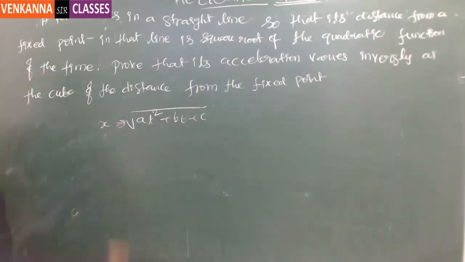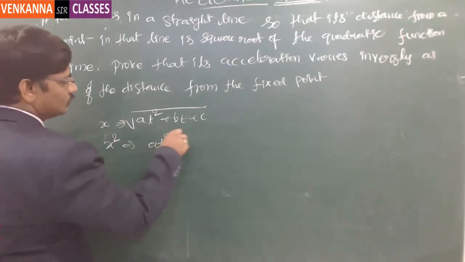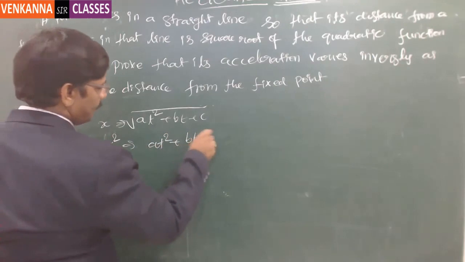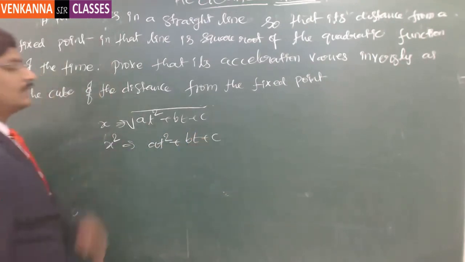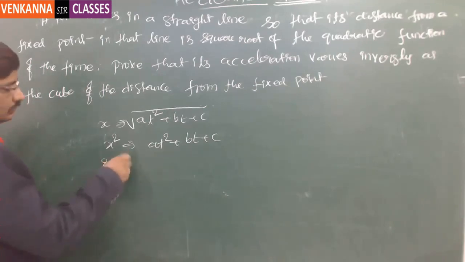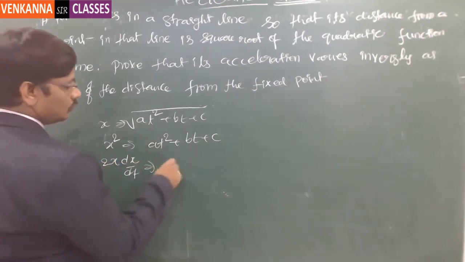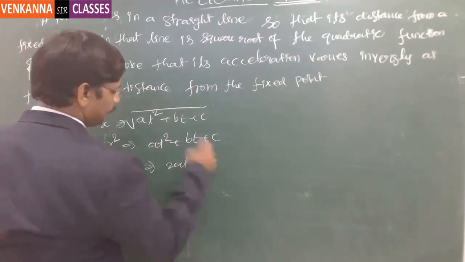Now if you square on either side, x square is equal to at square plus 2bt plus c. Now if you take the derivative on either side with respect to t, then 2x into dx by dt is equal to 2at plus b.